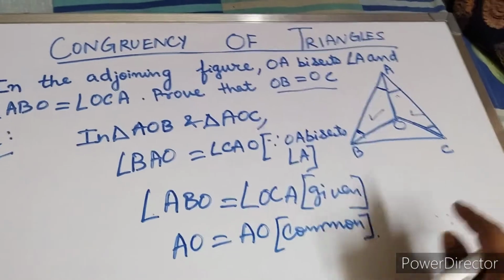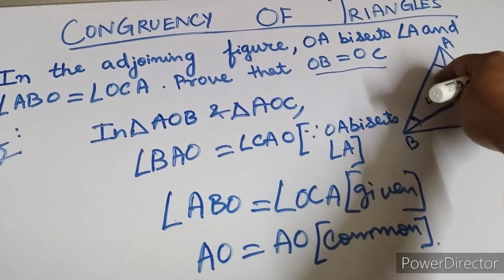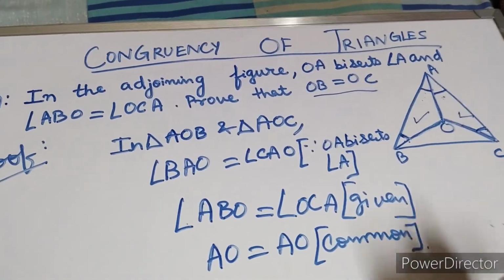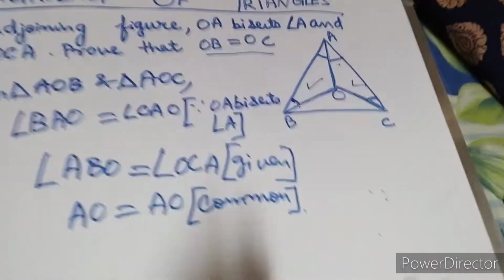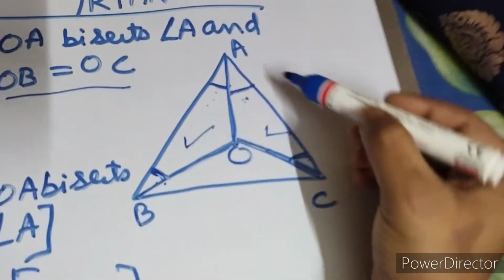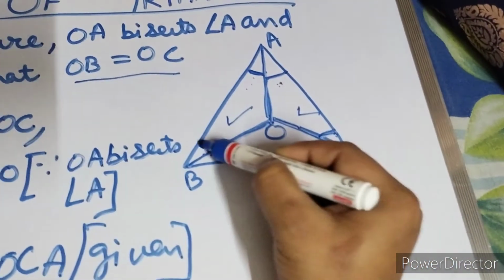So what do we see? One side is equal, both angles are equal. Okay. So we see here angle, side, angle. By this, see here, one angle is there, this side is there, and angle is there.